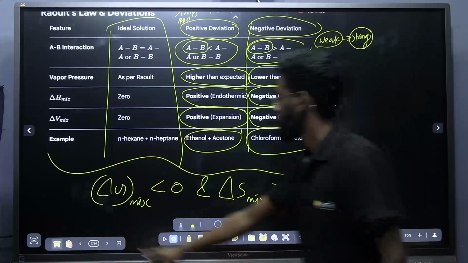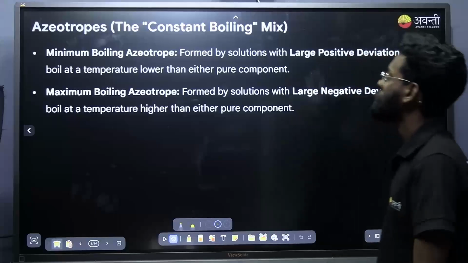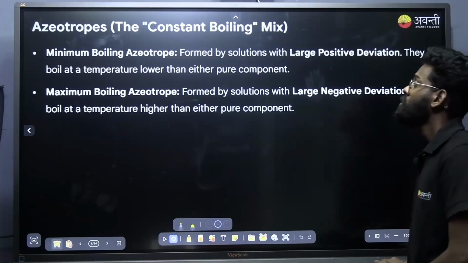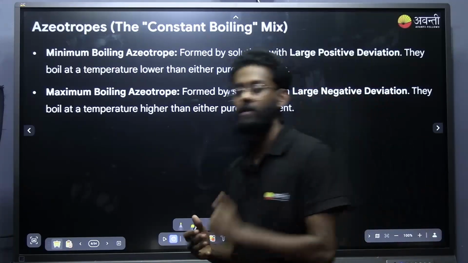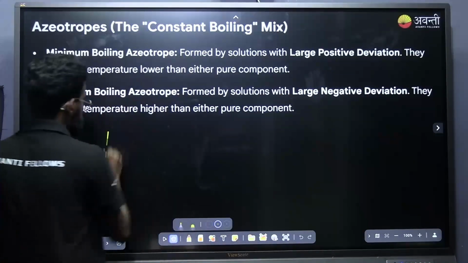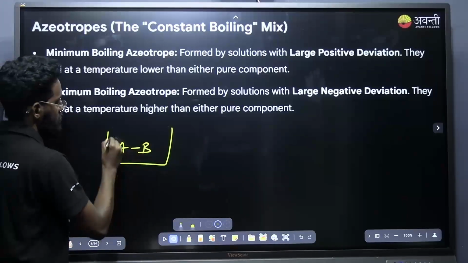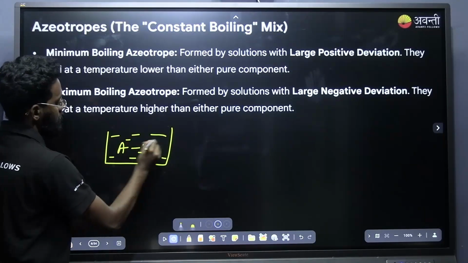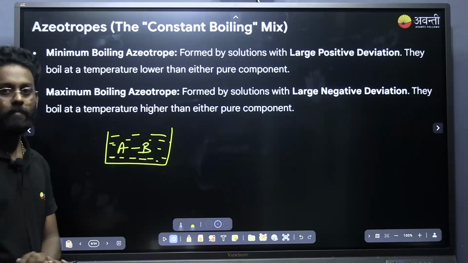What's our next? Next is azeotropes. What is an azeotrope? Constant boiling mixture. What does it mean? What is the idea behind it? Let's suppose I am mixing two solutions. After mixing I will get a solution having molecules A and molecules B. Got it?